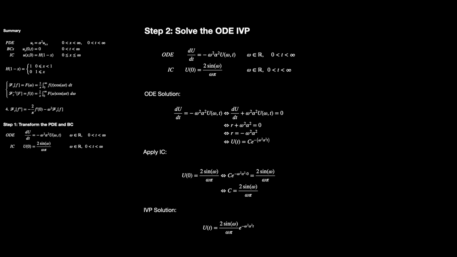Since that exponential becomes 1, c is equal to the initial condition. And therefore, the initial value problem solution is U of t equals 2 times the sine of omega divided by omega times pi, all times the exponential raised to negative omega squared times alpha squared times t, which is a big mouthful.